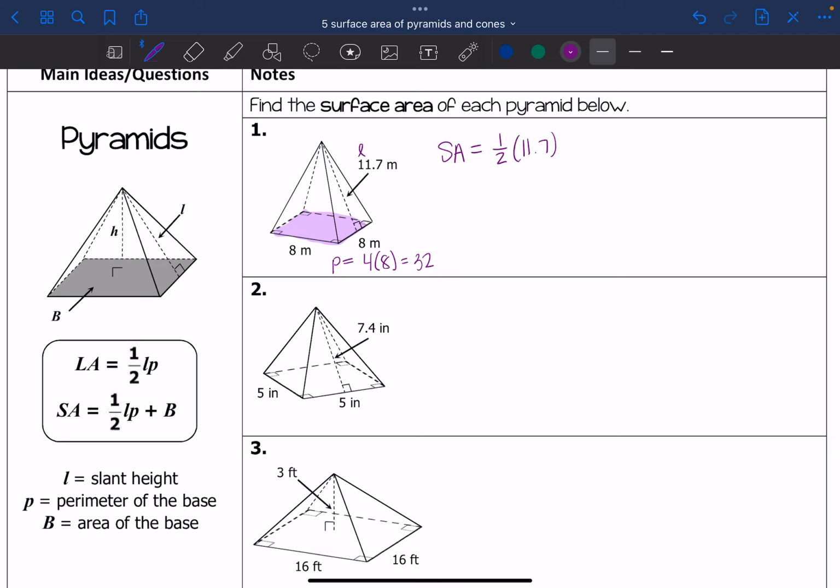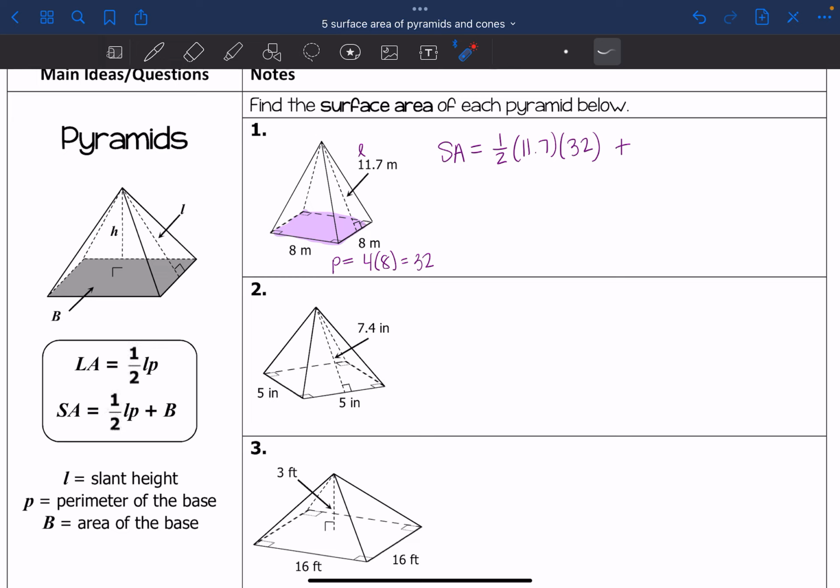And then times the perimeter that we just found to be 32. Okay, plus, now the rest is capital B, and that's going to be the area of the shaded in part.